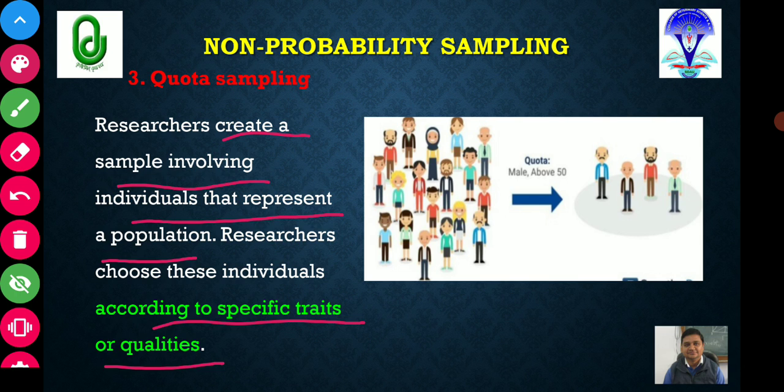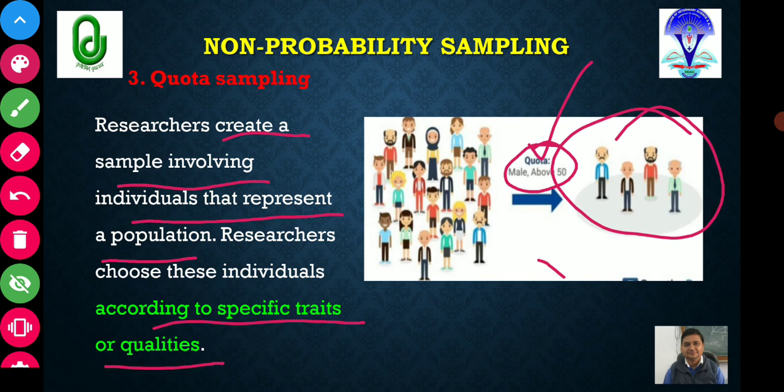Suppose here the researcher is interested in choosing a sample of males having age more than 50 years. Based on this criteria or this specific trait, he has selected this sample. So this is called quota sampling because the male individuals having age more than 50 years have a quota of selection.